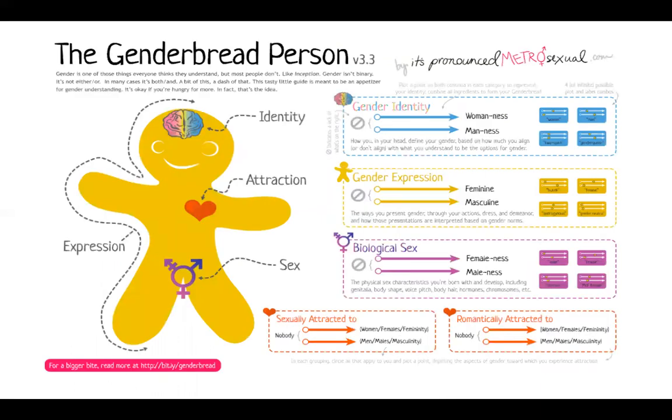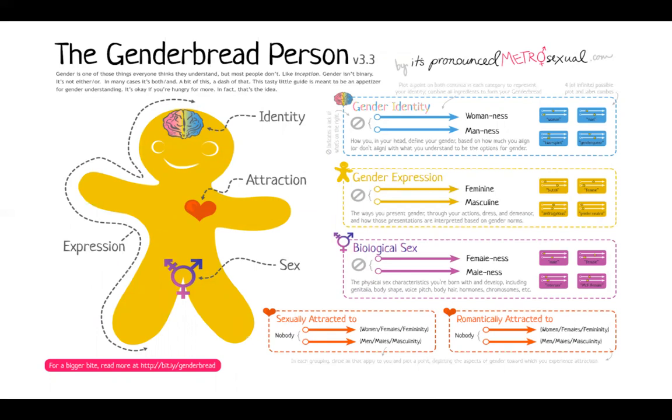And while we're on things that I suggest that you print out, an even better handout, and this is something that I would provide students when I teach my gender class, and it's used by a lot of nonprofits, is the Genderbread Person version 3.3, because they've gone through several versions.